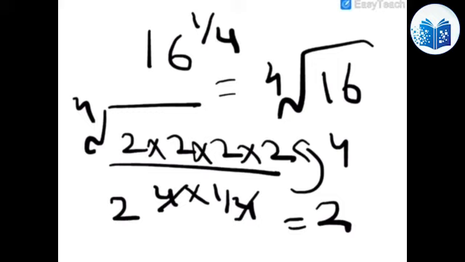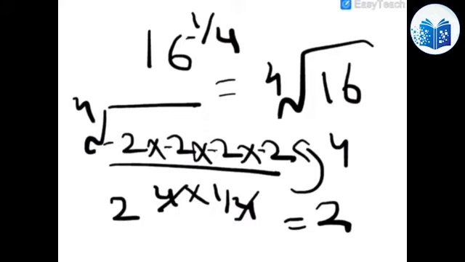So if we have minus here, then this will become minus 2 into minus 2 into minus 2 into minus 2, right? Power 4. Okay.